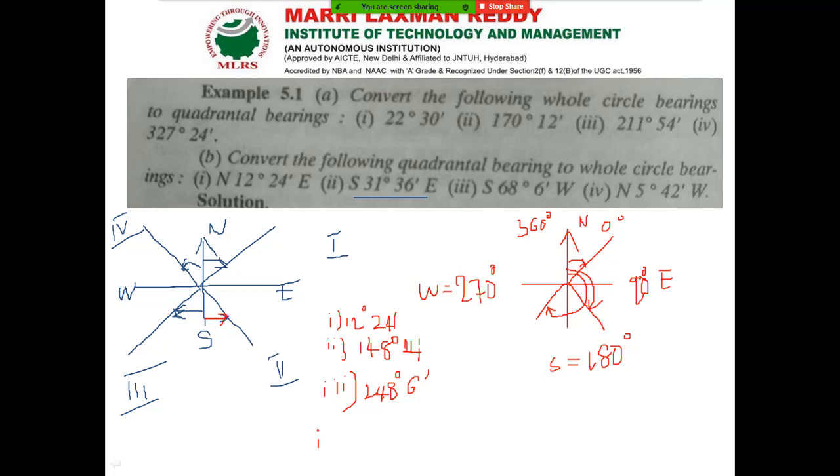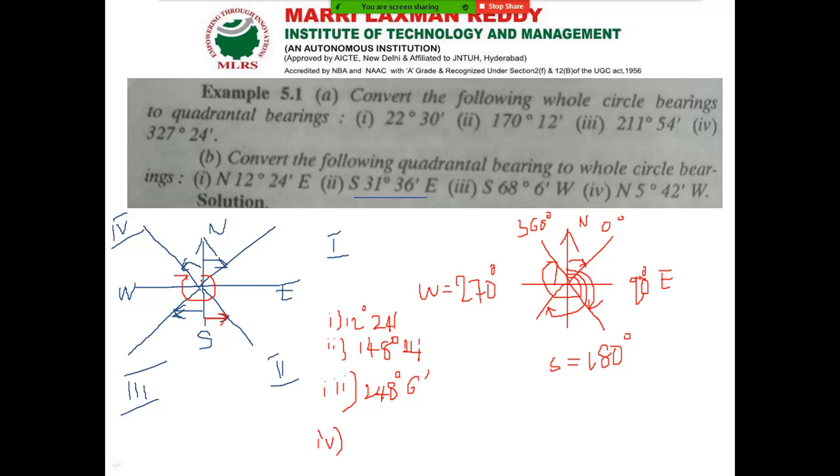Then the fourth one, north 5 degree 42 minutes west. They have given it like this, but we are in need of the value from north. So 360 degree minus this value, then automatically I can get the balance.